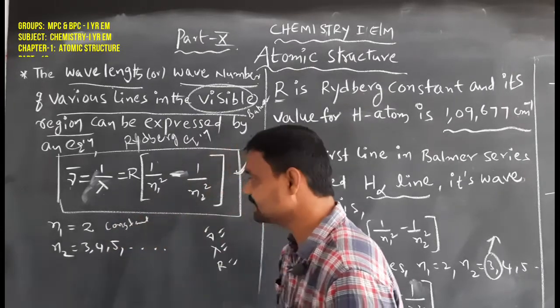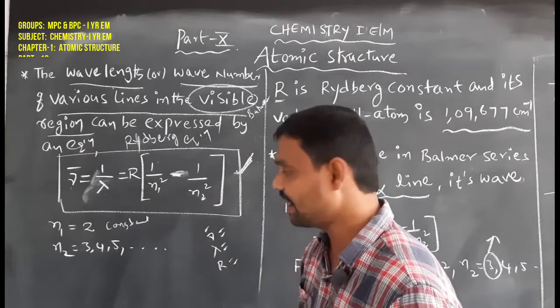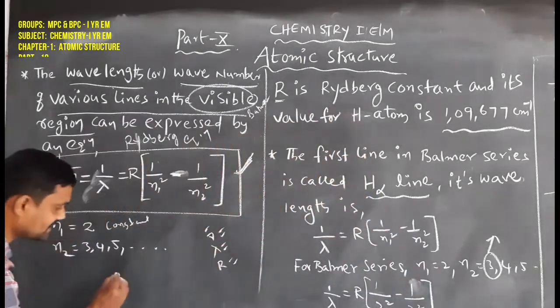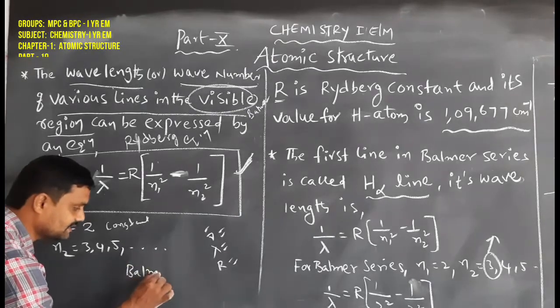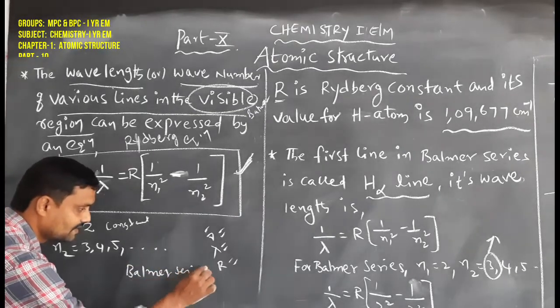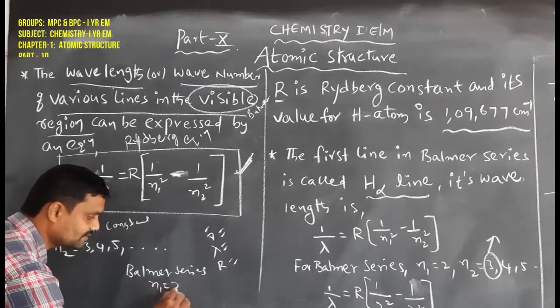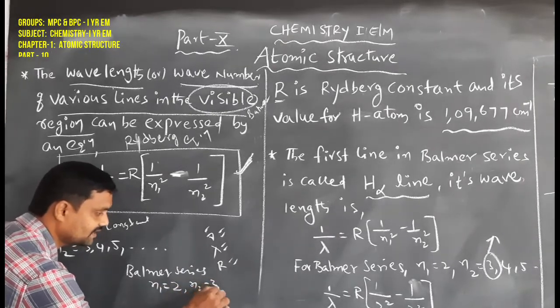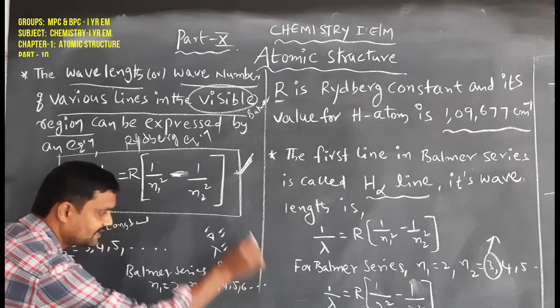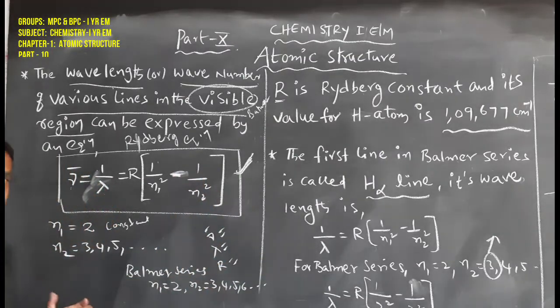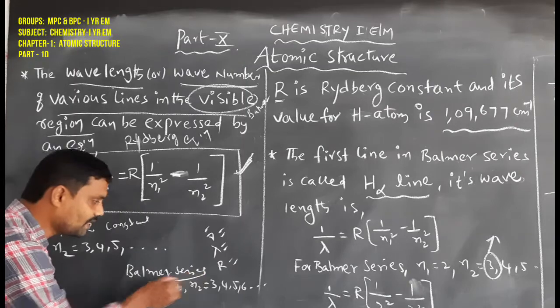Because, as we know from previous classes, for the Balmer series n1 is equal to 2, and n2 starts from 3, 4, 5, 6 and so on. So these are the n1 and n2 values for the Balmer series.